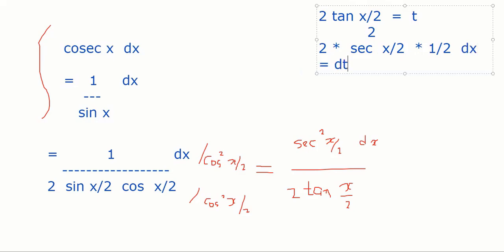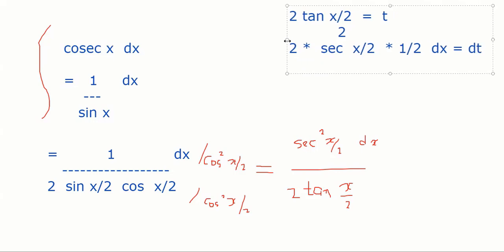Differentiation, so I think everybody is super solid, right, guys? So differentiation of 2 tan x by 2 is 2 constant. tan x का होता है secant square x, function of function x by 2 का हो 1 by 2. Or if I write in simple form, secant square x by 2 dx equal to dt. 2 और 2 कट गया, ठीक है? और हमारा भी न्यूमरेटर यही है, secant square x by 2.